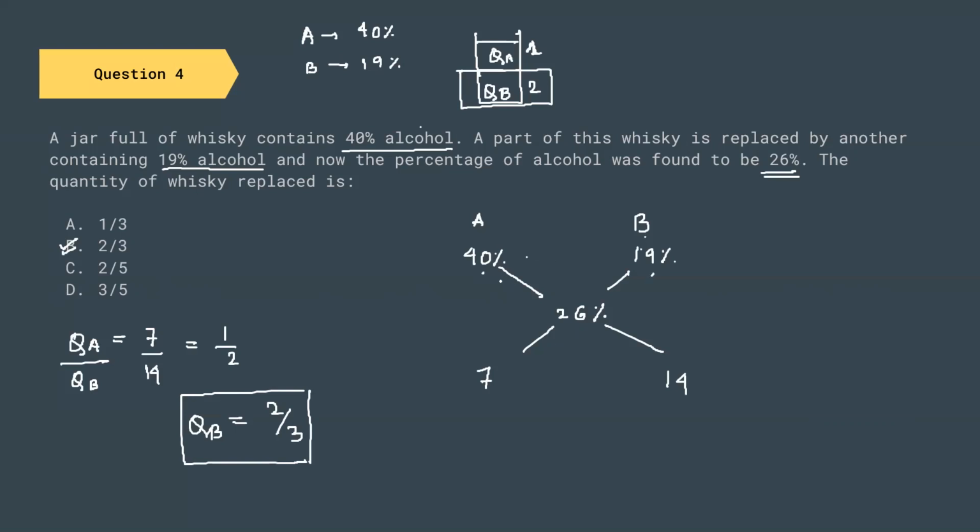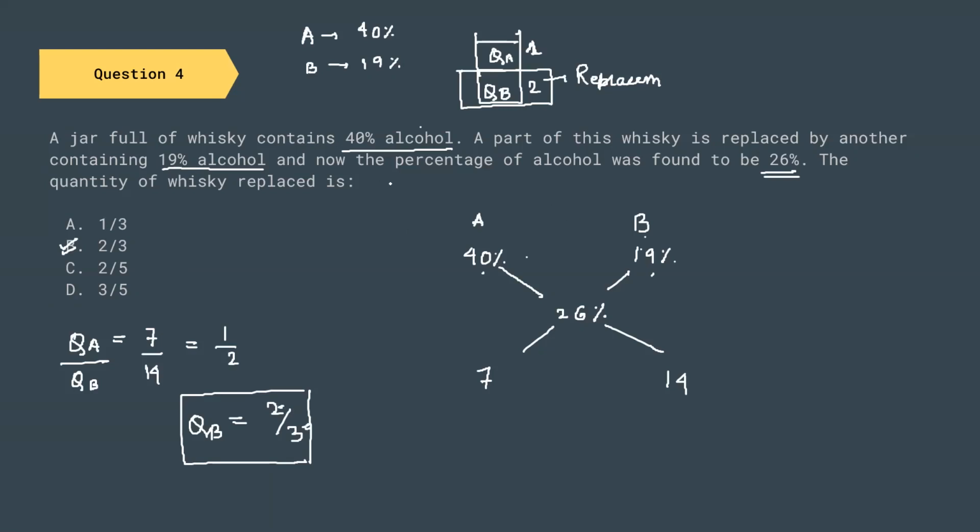So in the final quantity, we have quantity A and quantity B in the ratio of 1 is to 2. So that means two parts of quantity B were mixed with one part of quantity A. So that means this part was actually replaced. And to find out how much part was replaced, we have to find the ratio. So out of total 3 parts, 2 parts of them is quantity B.